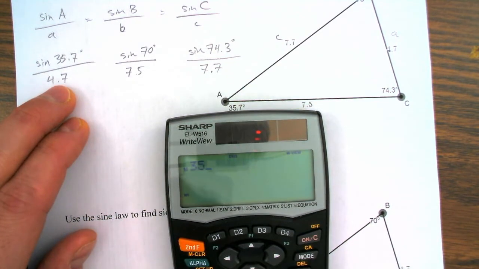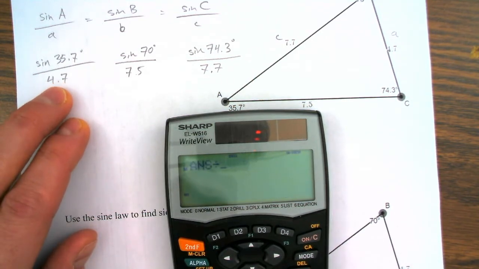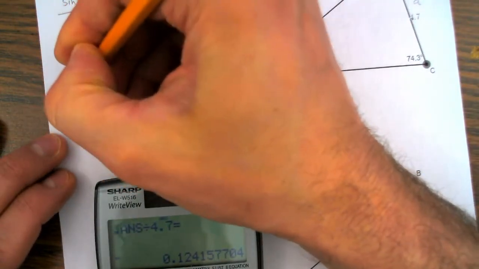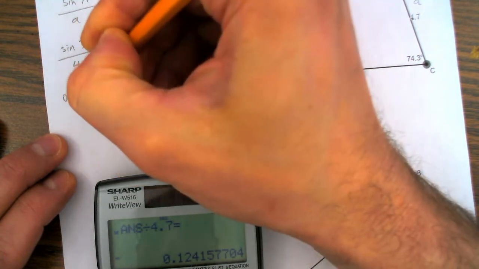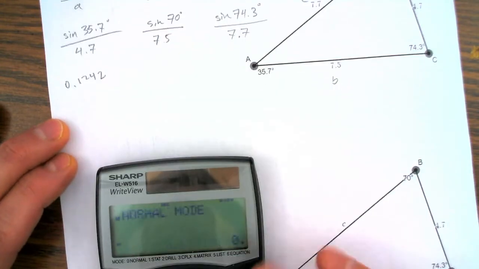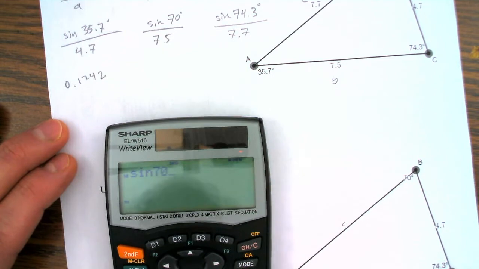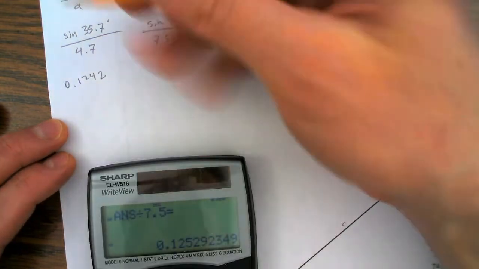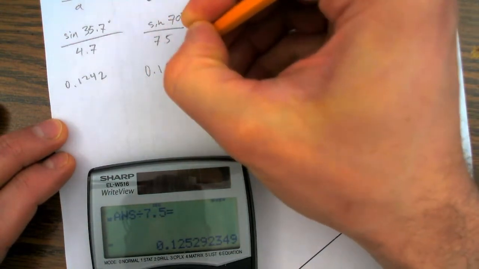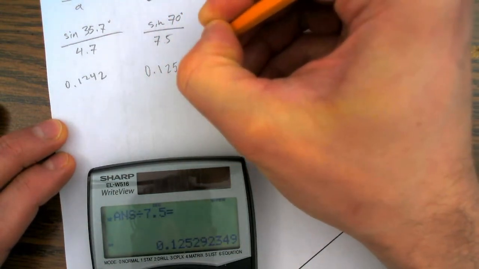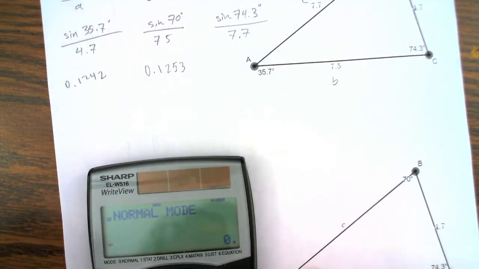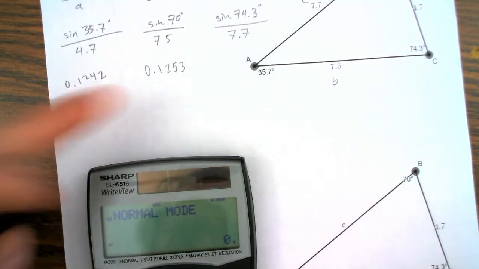So sine of 35.7 divided by 4.7 equals 0.1242. So we're getting numbers very close.